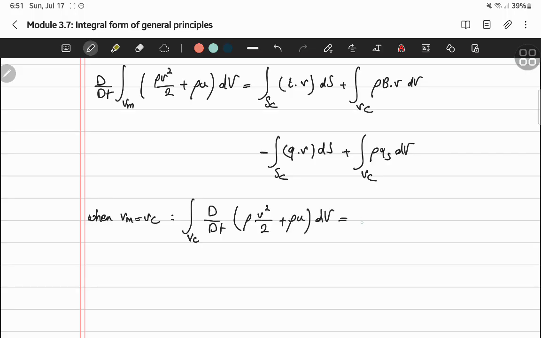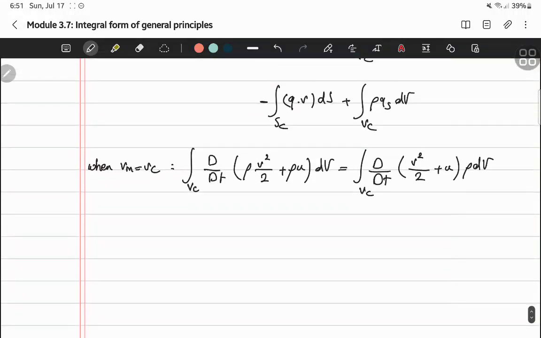This is equal to the material derivative, and since I have rho in both, I can write this as v squared half plus u, times rho dV over Vc.